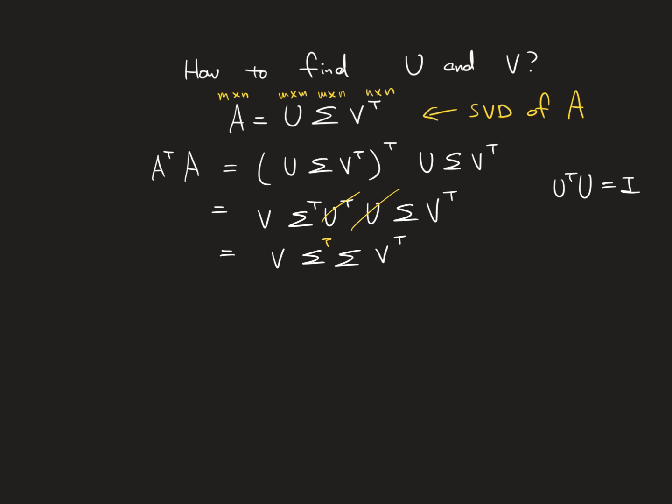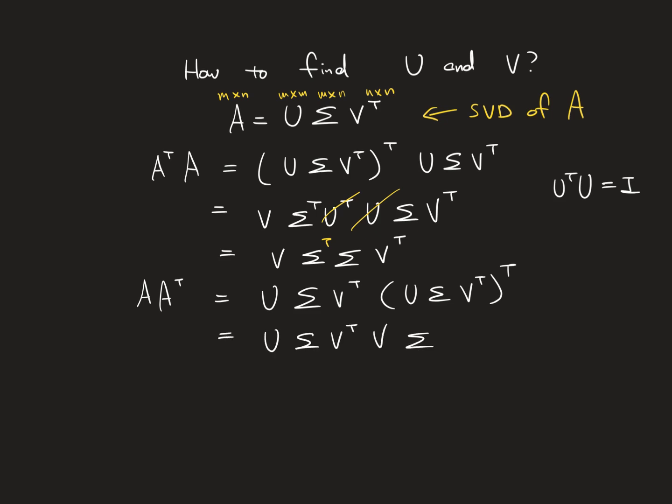And also we can write A A transpose. We check what it is: U sigma V transpose times V sigma transpose U transpose. And we cancel out this one, because we know that V transpose is equal to V inverse.